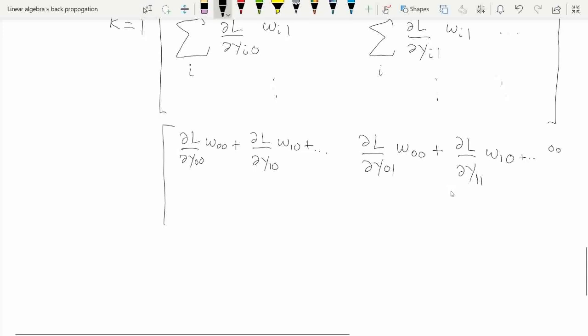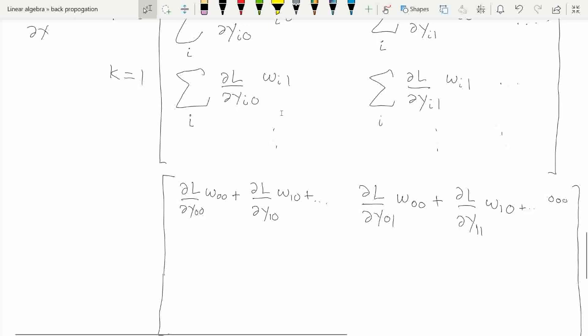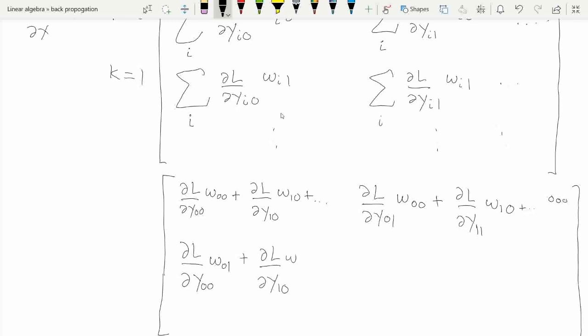Then entry 1,0, with i equal to 0, is del L by del y_00 w_01 plus del L by del y_10 w_11 plus dot dot dot.